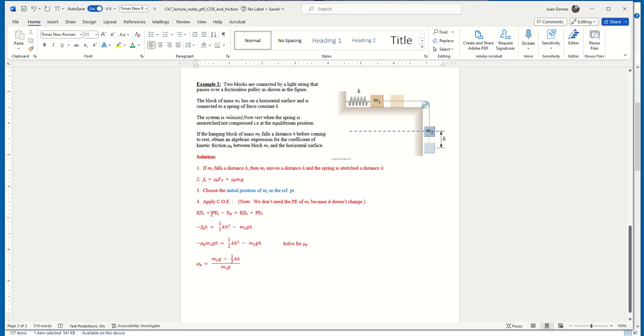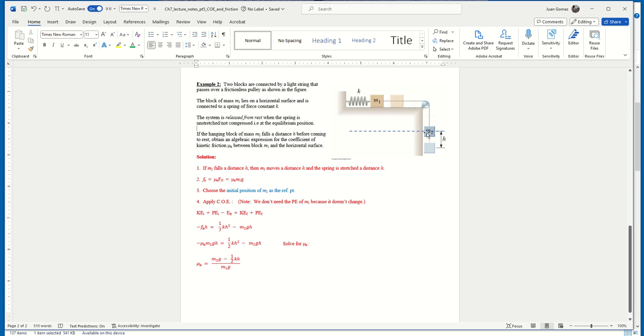And again, KE initial and KE final are both 0. Again, released from rest, comes to rest, so they're both 0. Now, the initial potential energy is 0 because when the system is released, the spring is at the equilibrium position, so there's no spring potential energy.